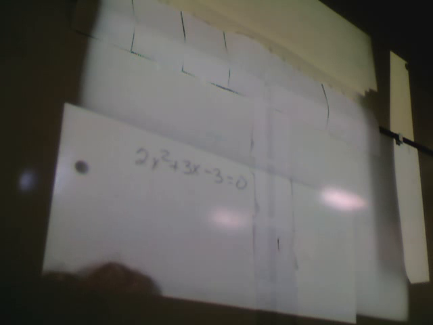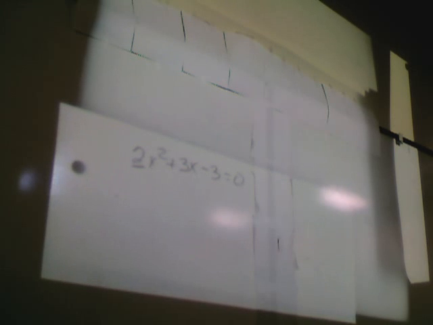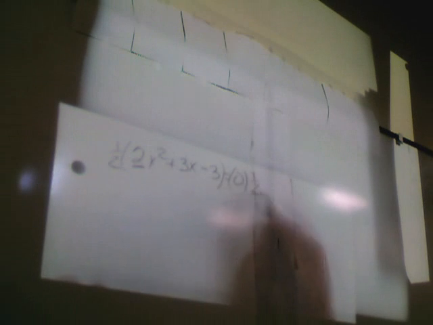What we're going to do is, first of all, try to make it where it's just x squared. This 2, we want to get rid of it. You can't complete the square unless you have just the x squared, the perfect square there. So we're going to multiply by 1/2, or divide by 2, however you want to say it. We'll take this side times 1/2, the other side times 1/2.